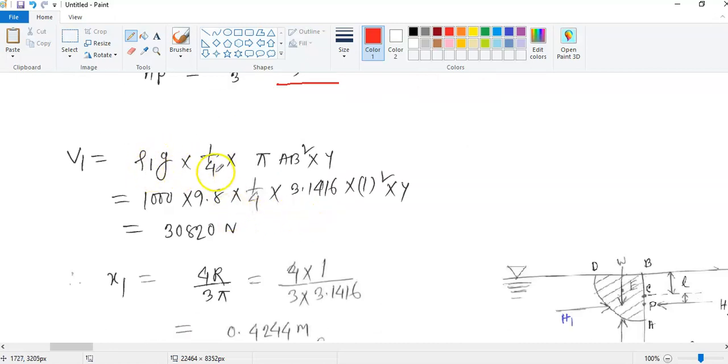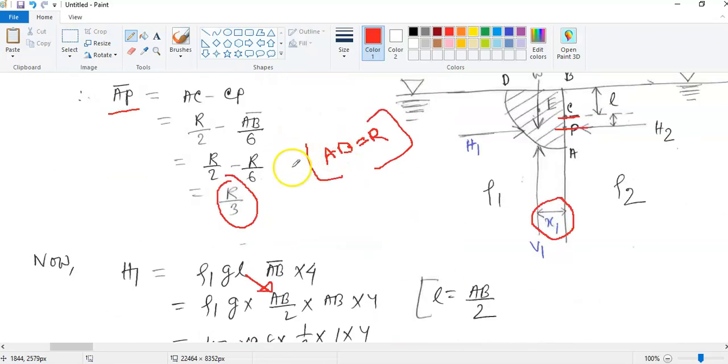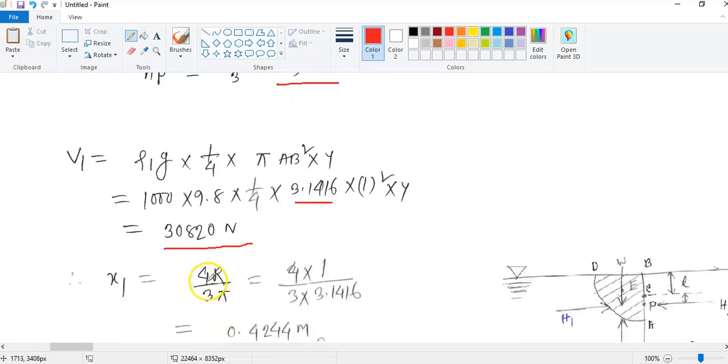Similarly, we know the formula for the vertical force, we wrote it down earlier. So we now substitute all the values here. Rho1 is 1000, gravity 9.8, AB equals 1, pi 3.1416. So we get the vertical force is 30,820.